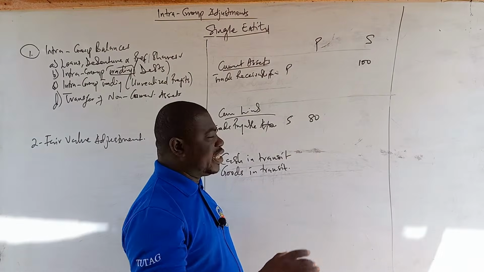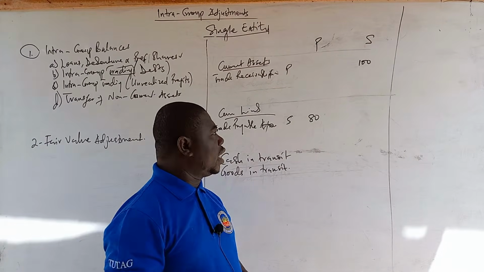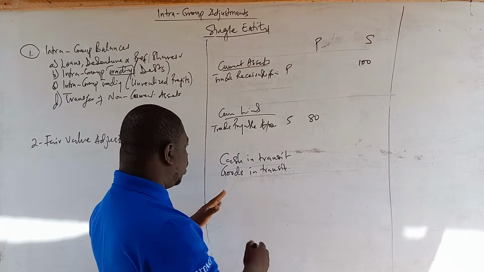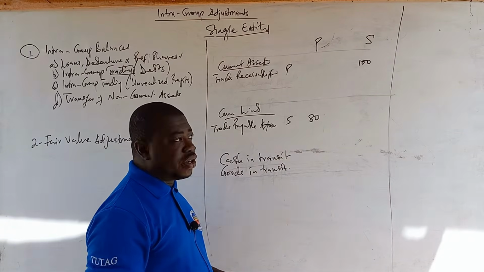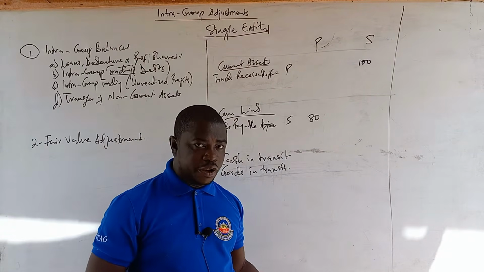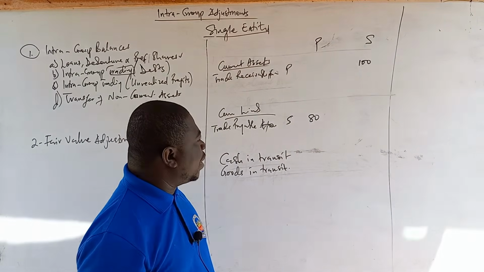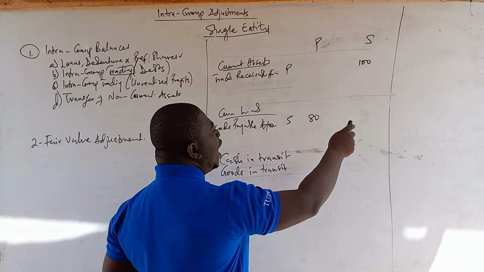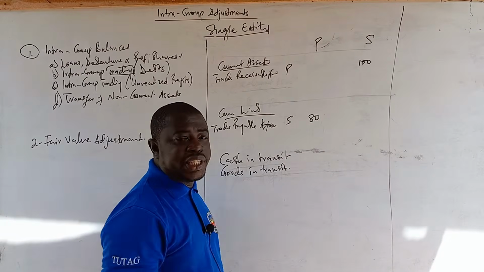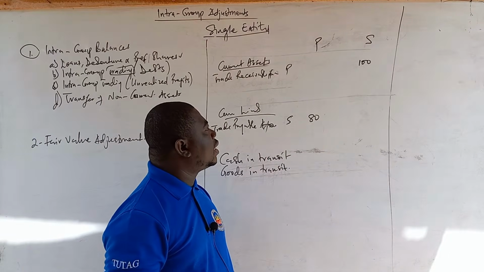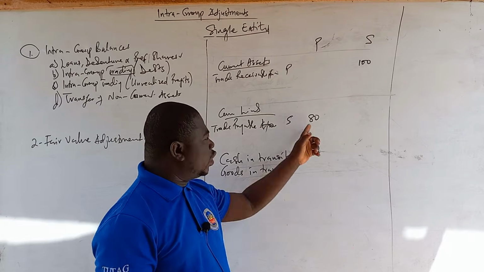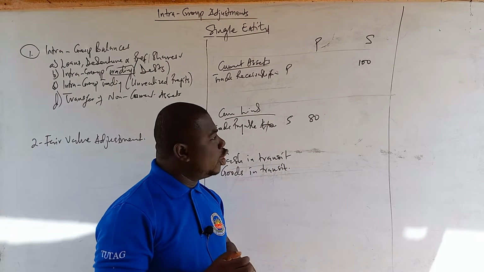So this is a case of cash in transit. Most often than not, the question will specify that it's either cash in transit or goods in transit. It will be specified in the additional information, so please watch out for something like that. Whenever this happens, S is yet to receive the 20 cedis cash, but P has already transmitted it, so they have reduced their liability to 80.